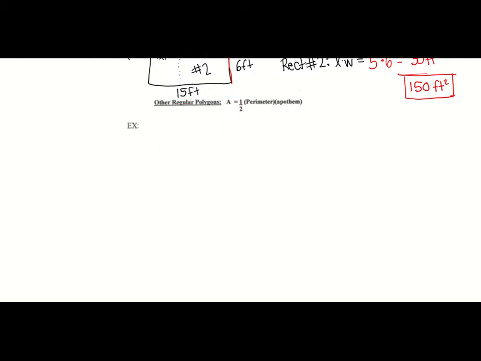The distance from the center to the side of the regular polygon. So let's look at a few examples. Example number 3 says to find the area of each regular polygon. So again, we have to draw it in here, and this time we have a pentagon.